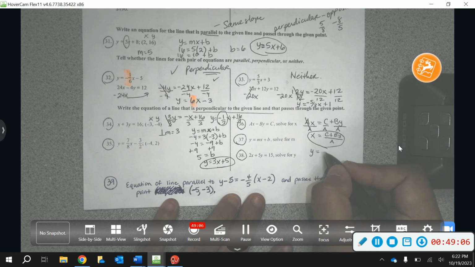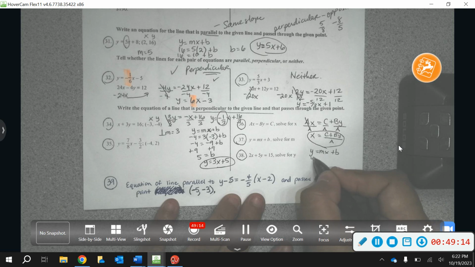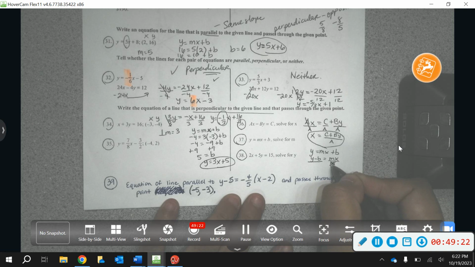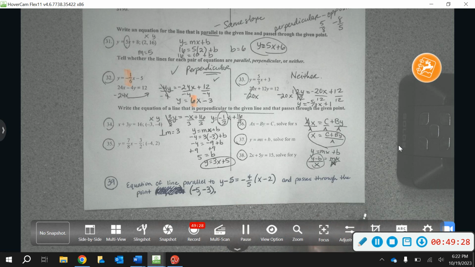Y equals mx plus b. I have to solve for m, so I have to subtract b and divide by x. Y minus b will give me mx. Divide by x, because I need to get m by itself. Divide by x, and m is equal to y minus b divided by x.